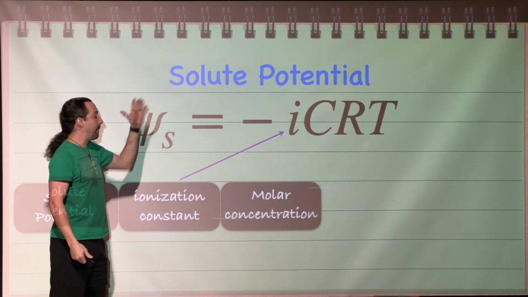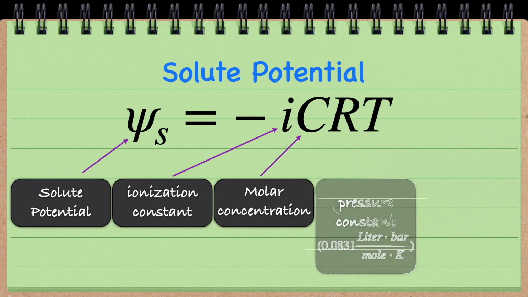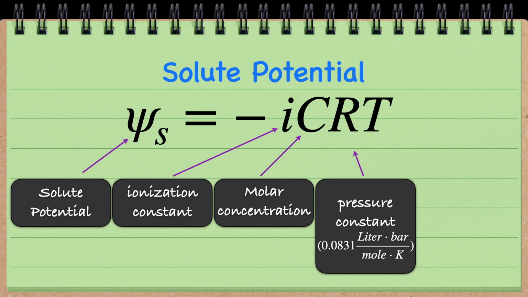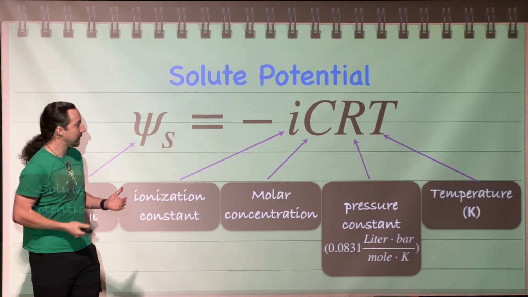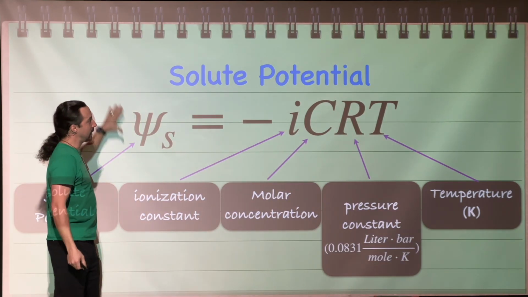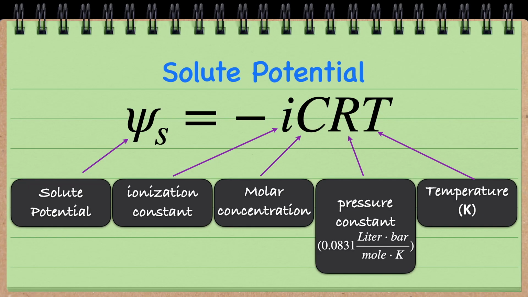C is our molar concentration, however many moles we have per liter. R is the pressure constant. And lastly, T is the temperature, which is measured in Kelvin. That is the formula you'd have to use to calculate the solute potential.